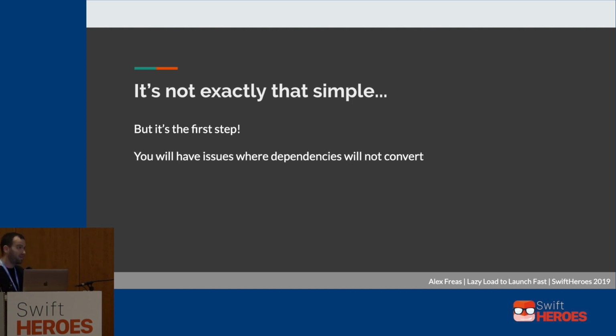You will probably have issues, as we did, with dependencies that are not converting properly. They may be, for one reason or another, either consciously or accidentally exploiting some quirks of the differences between static libraries and dynamic frameworks.